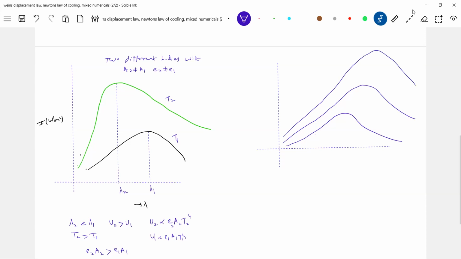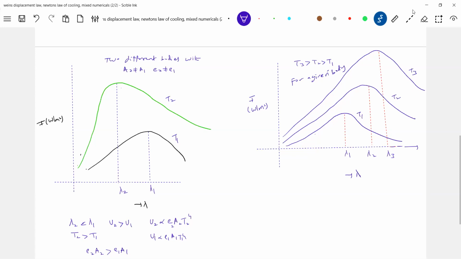Some student has plotted a graph like this, intensity versus wavelength. For a given body, is this possible?